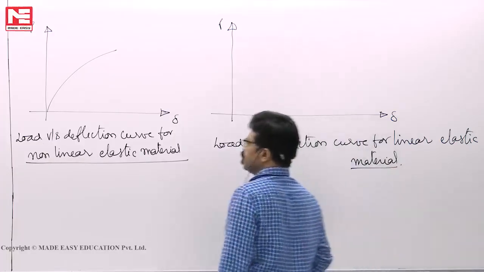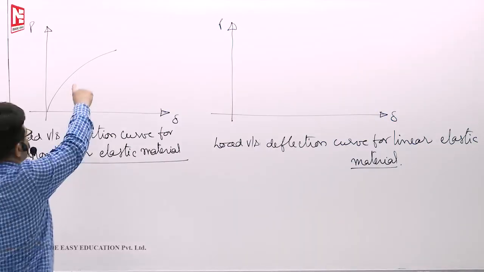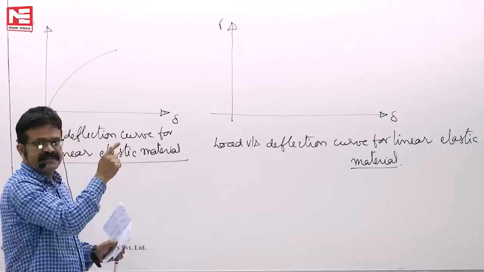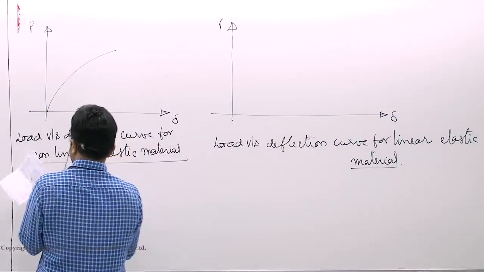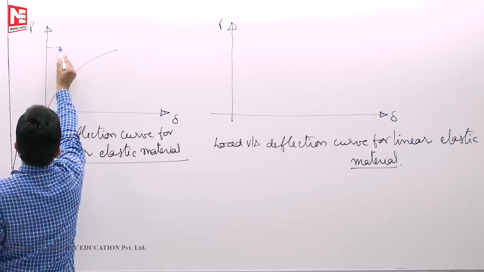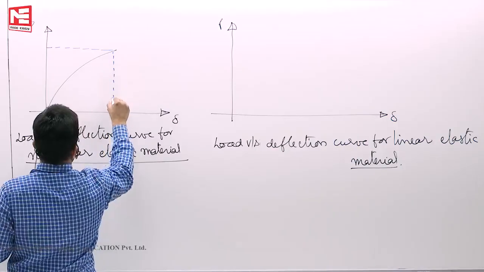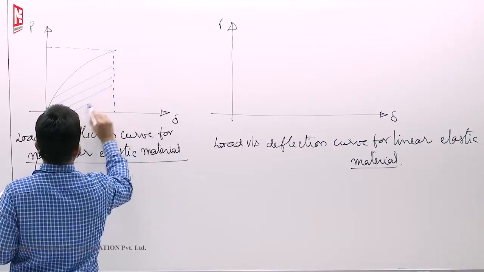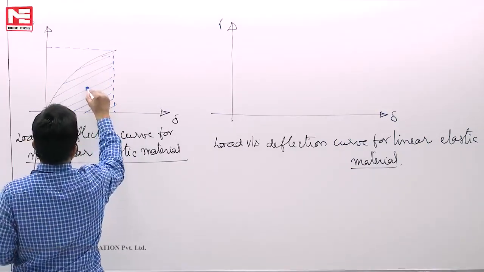Okay. Now let us see how stress energy and strain energy are defined. Take the load versus deflection curve and the x-axis. The area under that we call strain energy. That's what we have learned. If we take this area of the load versus deflection curve, this we call strain energy.